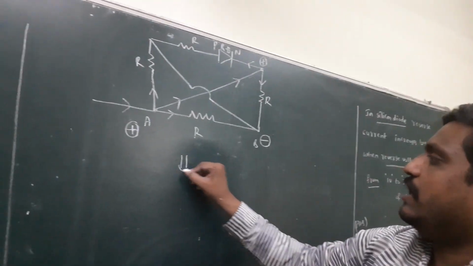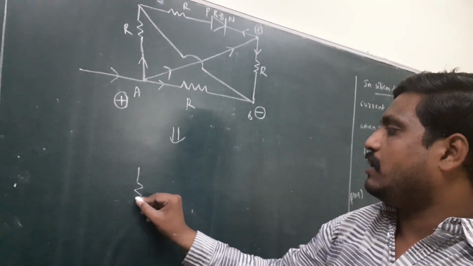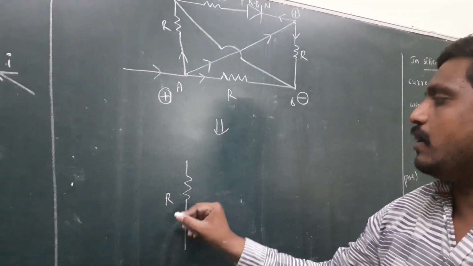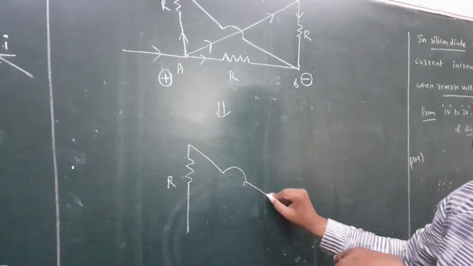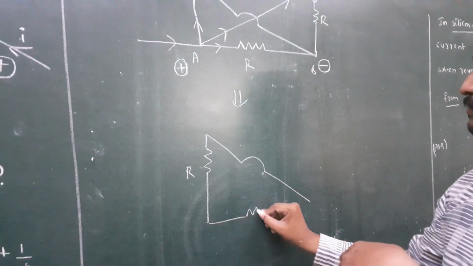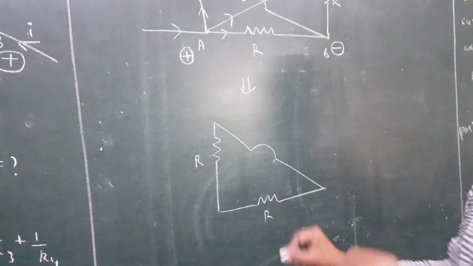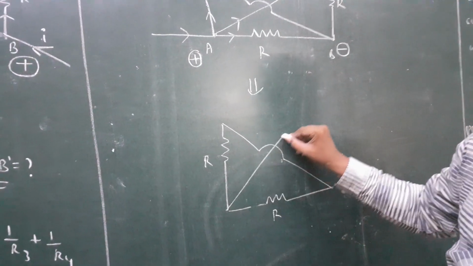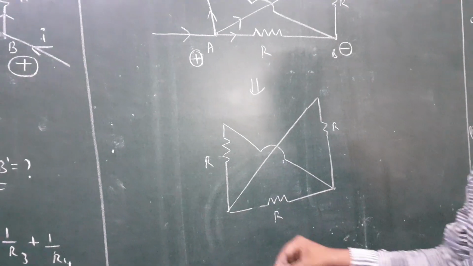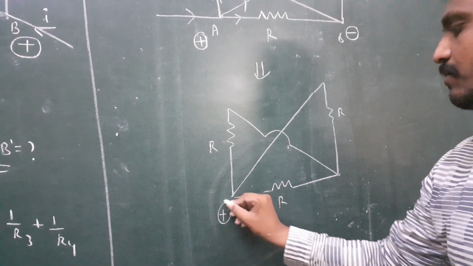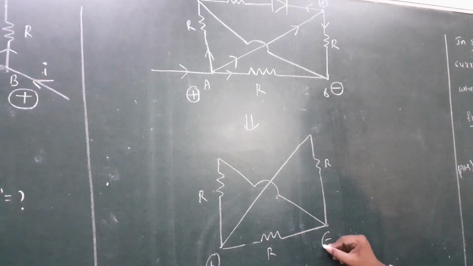So diagrammatically, here R, and this is the resistance. Here this is the diagram. A is connected to positive, B is connected to negative.